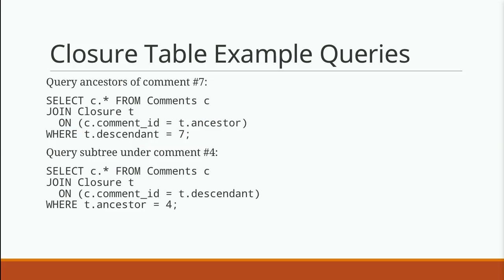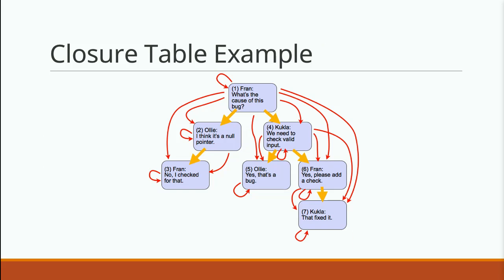And you can do fairly simple queries for this. For example, if I want to know all the ancestors of comment number 7, I can say every path that terminates at comment 7, I want to see all the paths that end there. So I'll look back here.